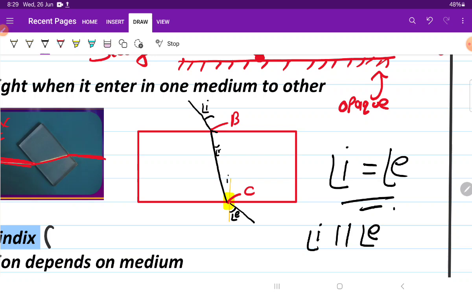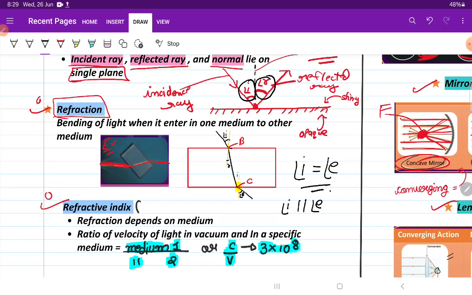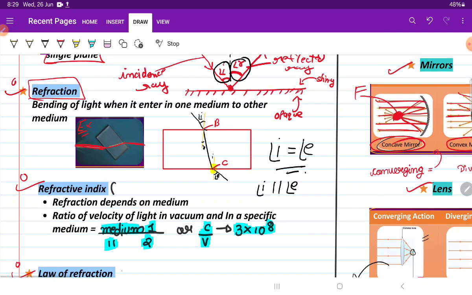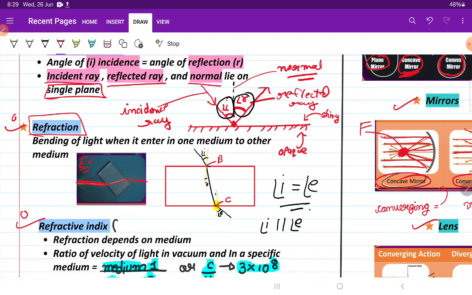I hope that is clear to you all. When a light ray enters different media, it changes its path. So this is the example and the definition of refraction.